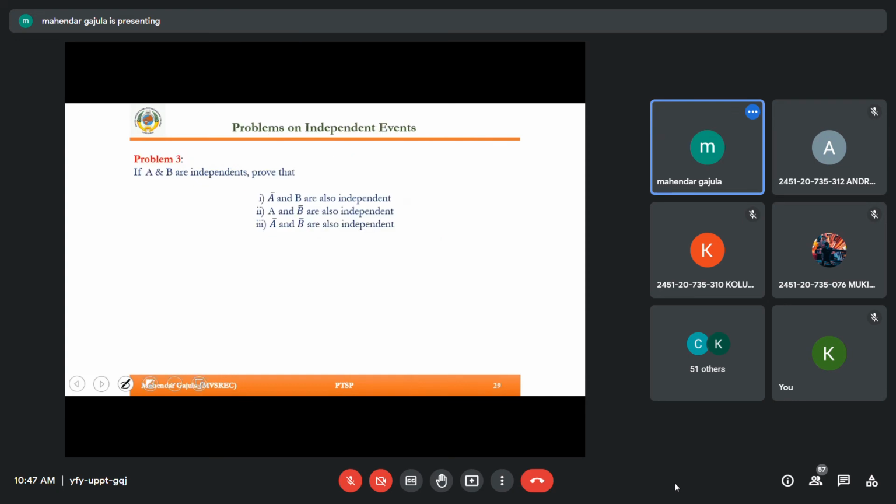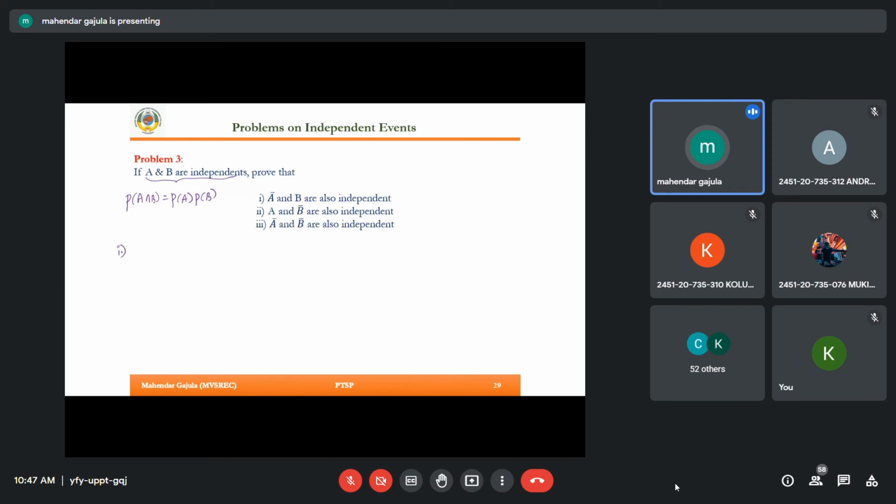Next. The problem here is: if A and B are statistically independent, prove that A bar and B are also independent. First, let us write what is given. A and B are independent means probability of A intersection B equals probability of A and probability of B. I'm going to prove the first one in the slide.